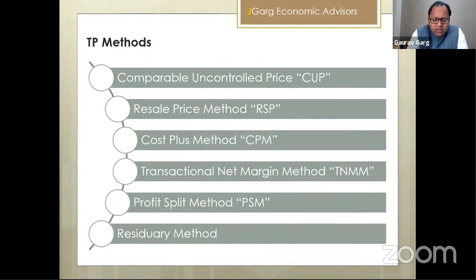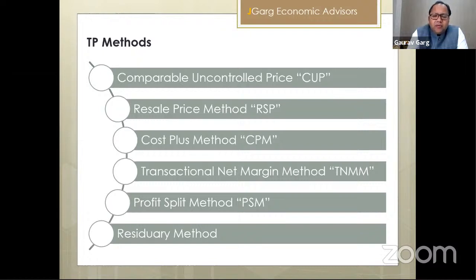Now let's see how to benchmark this transaction between the KSA and UAE companies. The UAE company is primarily involved in distribution, whereas KSA is doing all kinds of functions. So the least complex entity would be the Dubai or UAE entity, and we can take the UAE entity as the tested party. Now we can apply the resale price method, also known as the RPM method.